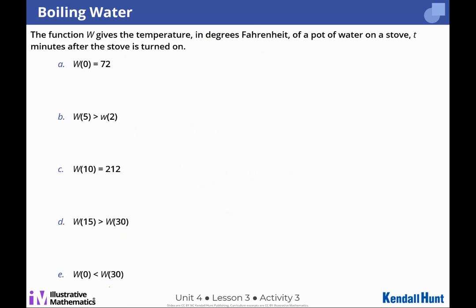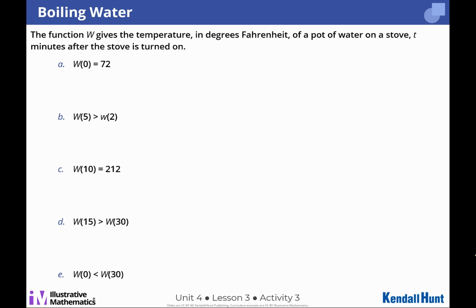The last thing that we did was to understand what these comparison statements mean. So we have some function notation, what does the value mean? And then some inequalities, what does that mean? So the function W gives the temperature in degrees Fahrenheit of a pot of water on a stove T minutes after the stove is turned on.